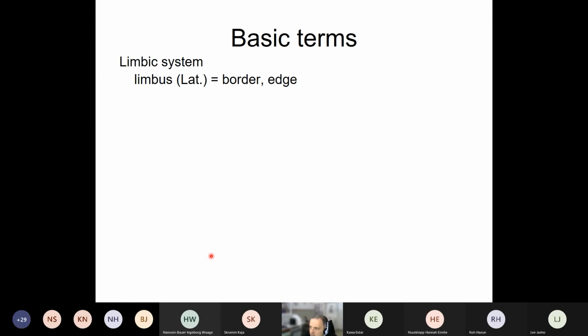So this is important, of course: what is the limbic system and how do we define it? The term comes from the Latin word limbus. The limbus is the border or edge of something.